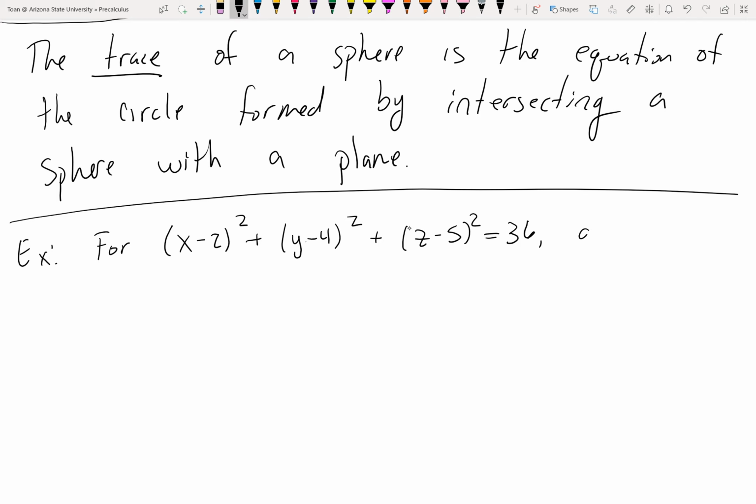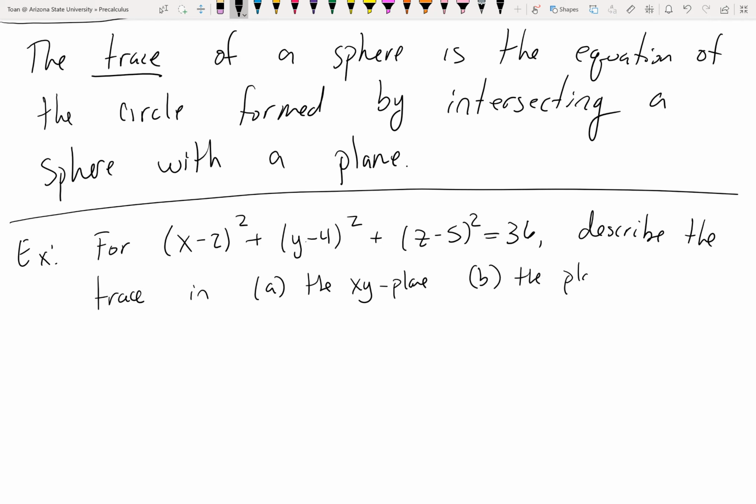Describe the trace in, and this can be a two-parter, A, the xy plane, and B, the plane z equals 9.